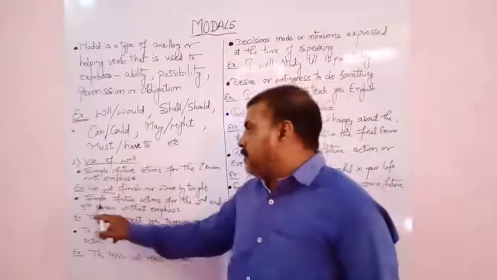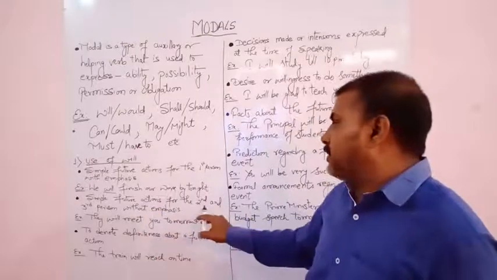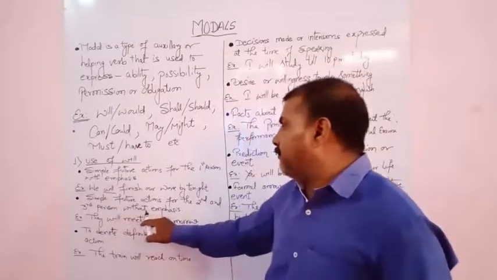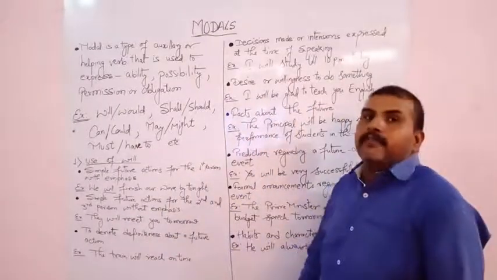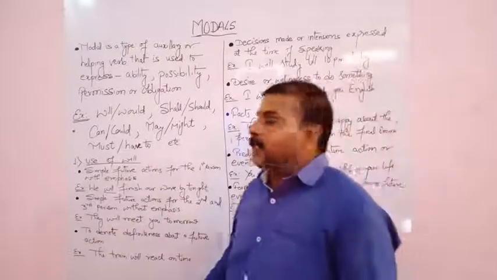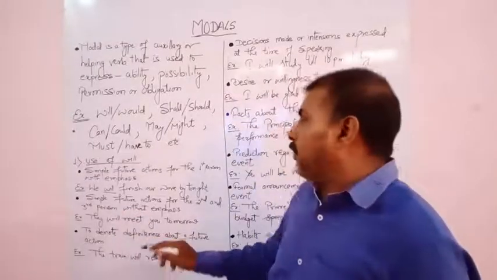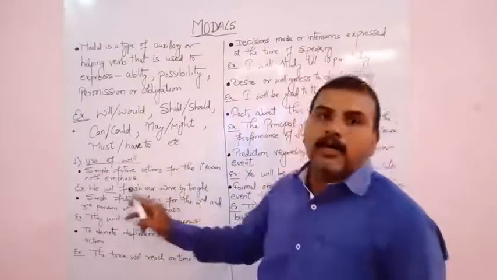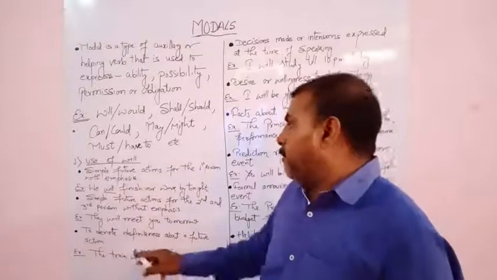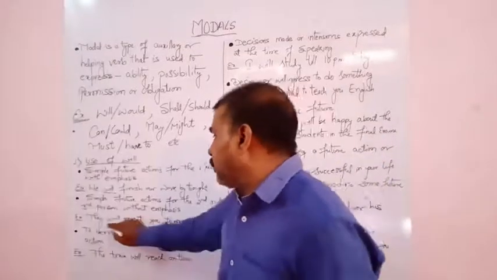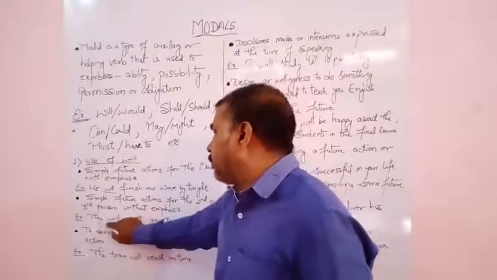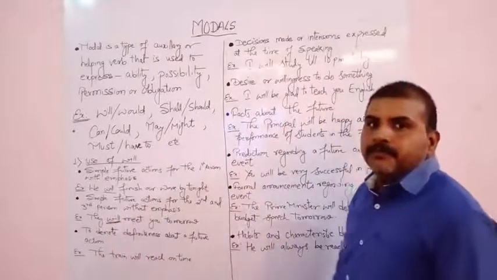Second step, simple future actions for the second and third person without emphasis. When emphasis is not there, then you are going to use will for the second person or third person. Example, they will meet you tomorrow. So will meet you tomorrow denotes the future action.